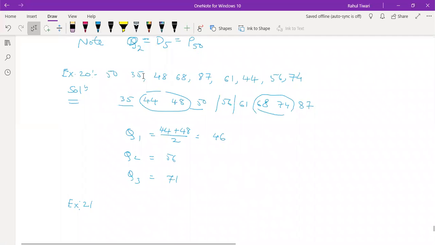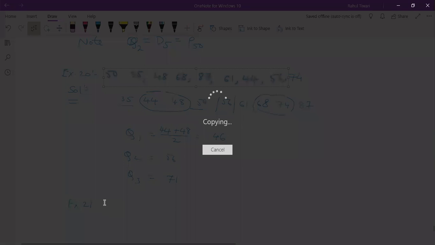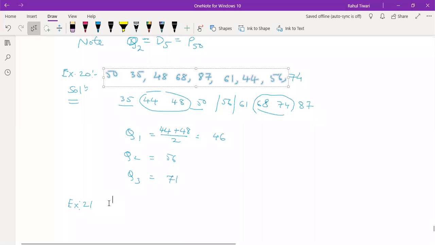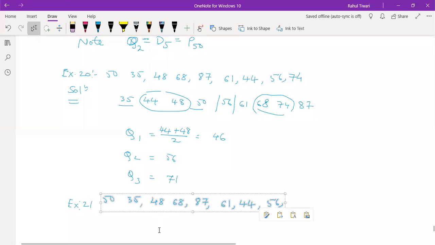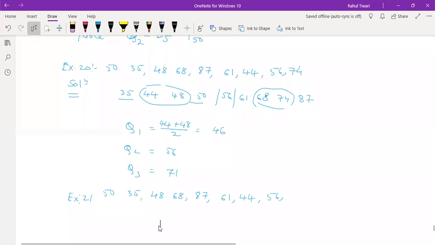Suppose now I consider this data. Now tell me what could be my median value. What you have to do.